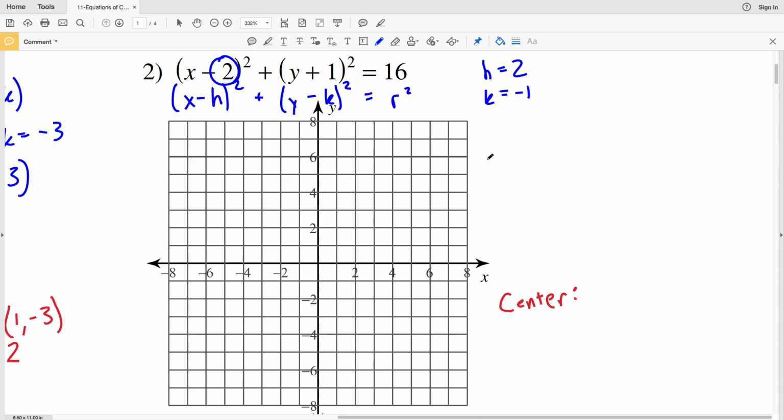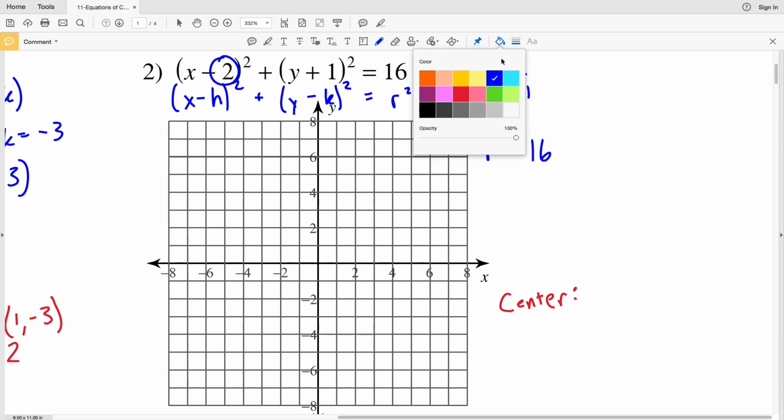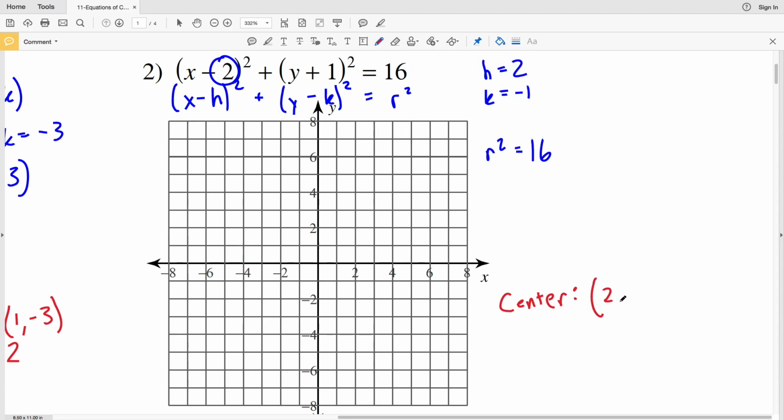And our r² value is 16. So the center is 2, negative 1, and we'll plot that. If r² is 16, we'll take the square root of both sides to get that our radius r is 4.